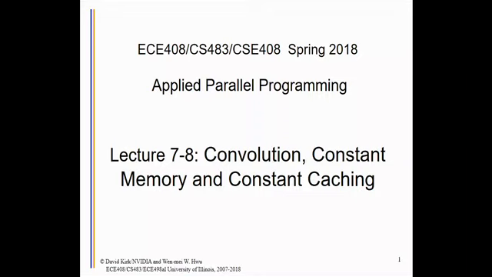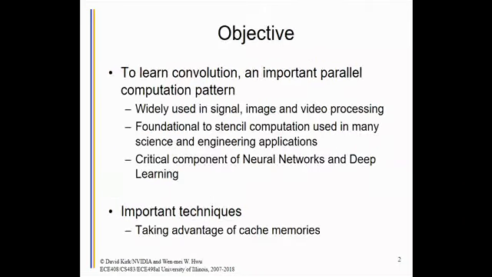Unfortunately, when you bring in the entire burst for that access, by the time you get to the second element, there are a lot of activities going on, so the data may not be in the cache anymore. So you end up accessing the data again unless you use shared memory. But today I'm going to talk about constant memory, and constant memory is also going to be a very, very effective way to handle something like an M matrix. Okay, so we're going to talk about that in this lecture.